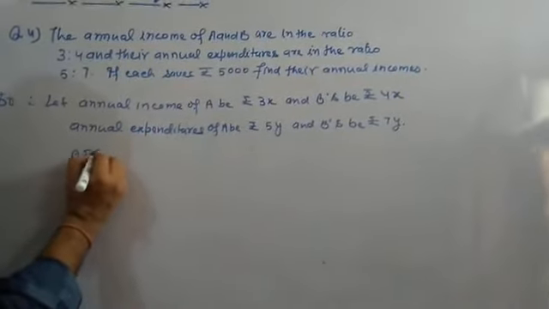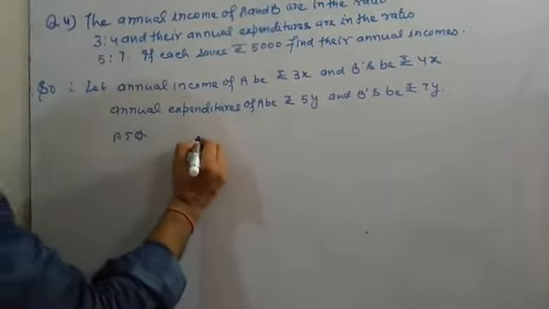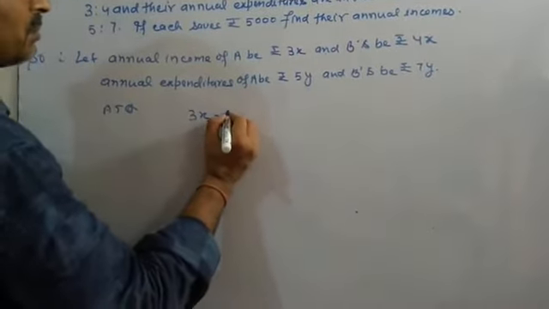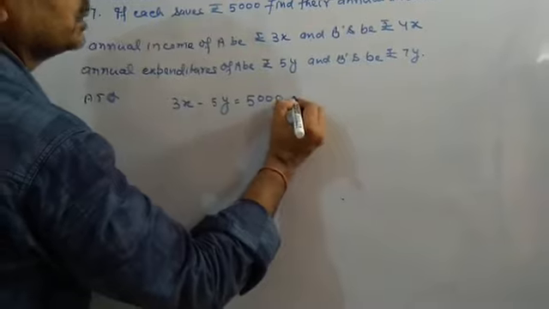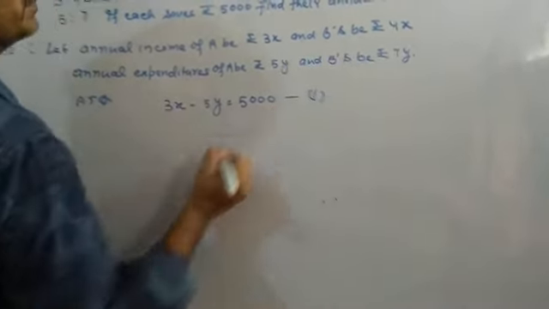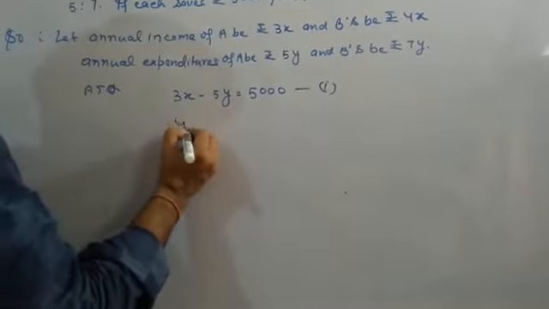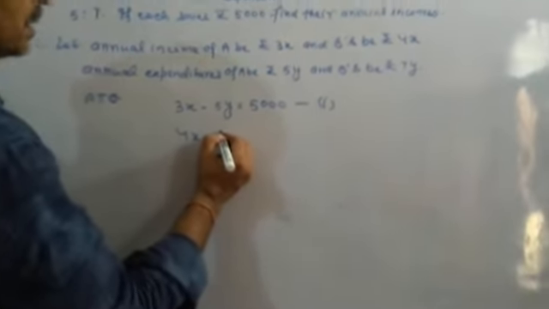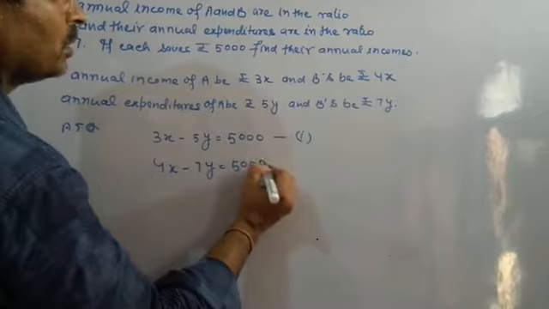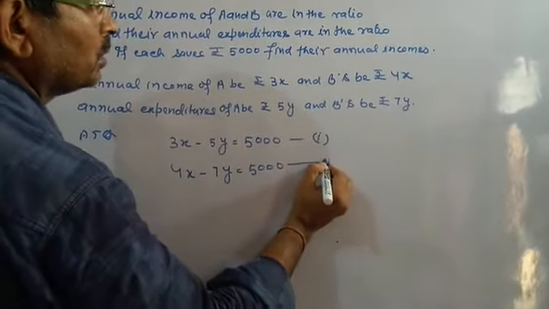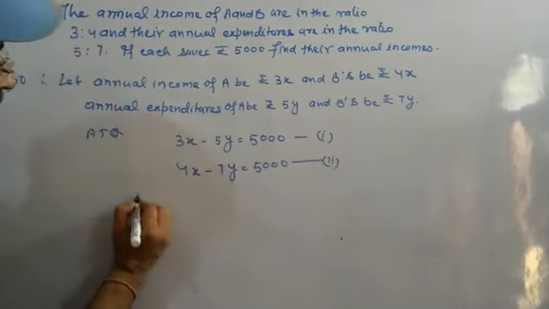According to the question, 3x minus 5y equal to 5,000, equation 1. 4x minus 7y equal to 5,000, equation 2.